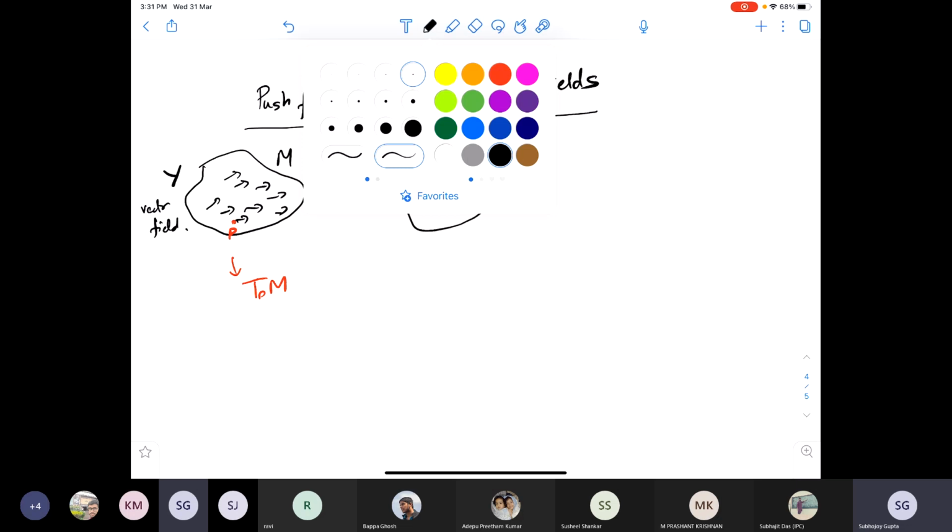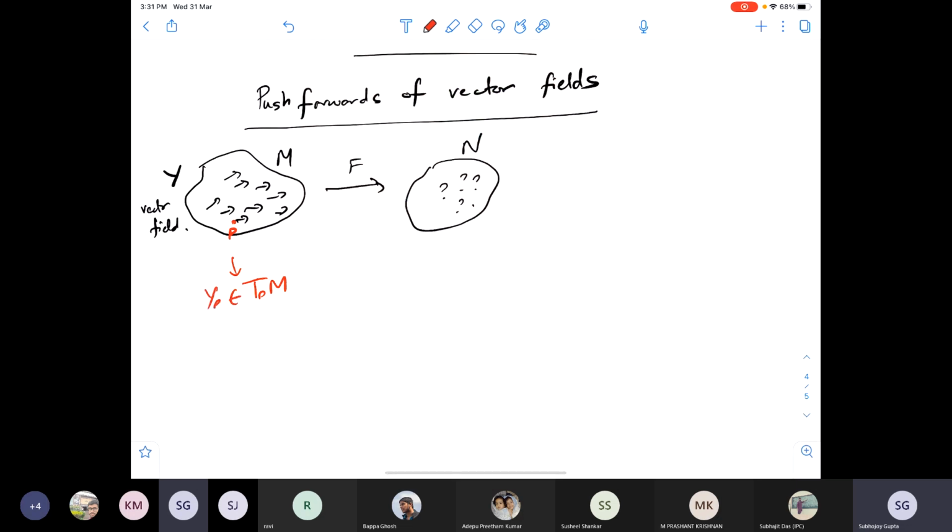So you have a vector Y_p in the tangent space at that point. What can you do? You know that the derivative of F, dF at the point P, is a map from this tangent space to the tangent space at F(P) of N. So you can look at the image of that vector under this map: Y_p goes to something, and we'll call that Z at F(P).